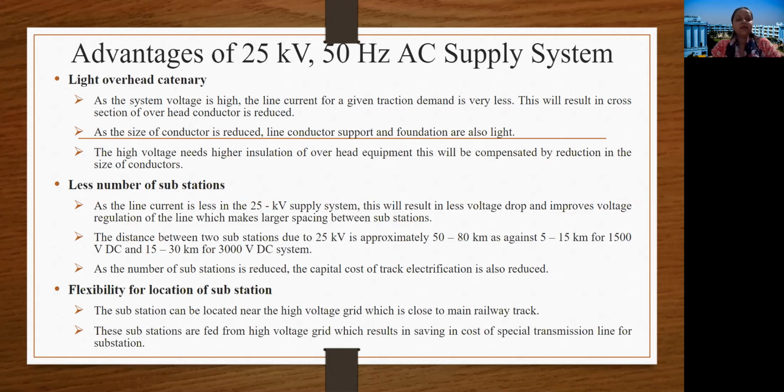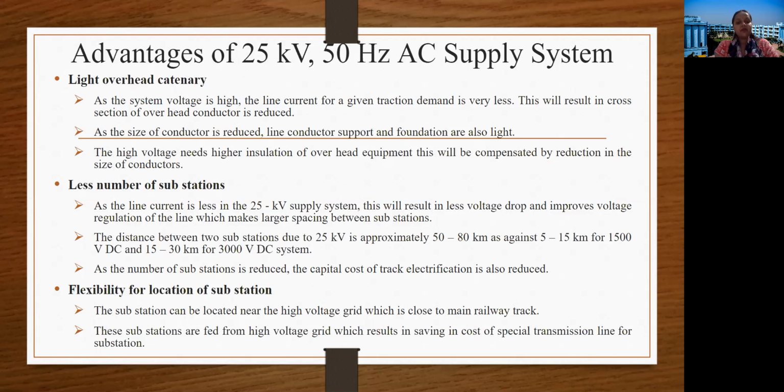Next, flexibility for location of substation. The substation can be located near the high voltage grid, which is close to main railway track. Since the substation can have a wide range of distances, we can choose the location of the substation accordingly.